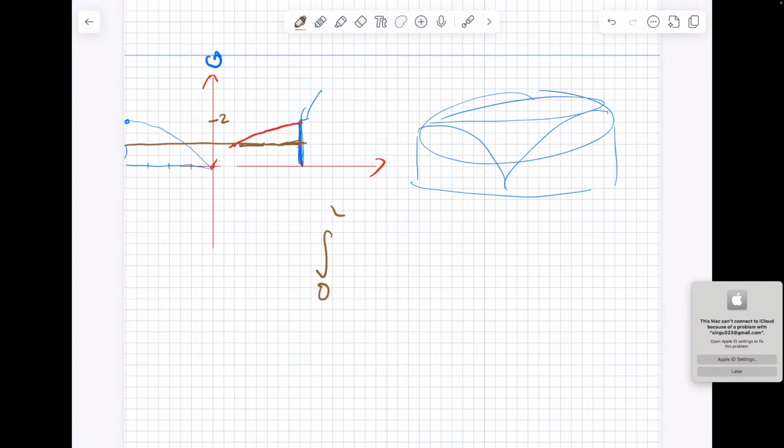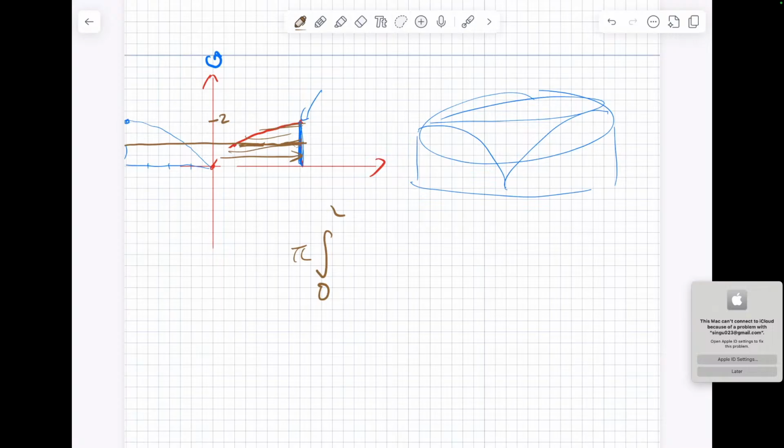The way you do the calculation is this way: you add up an infinite number of slices all the way up. So that's going to be 0 to 2 pi.